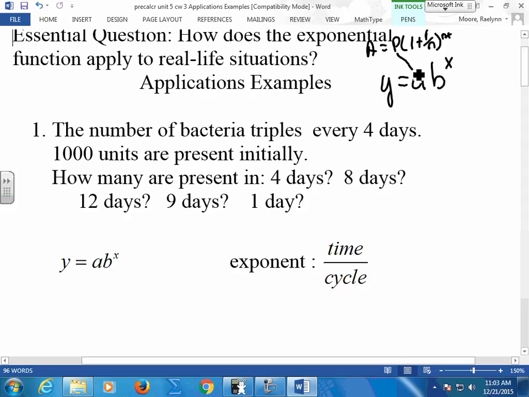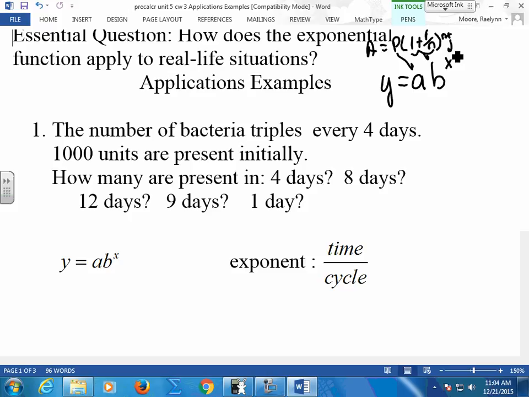Same thing. There's a rate. There's a time. They all work off of this. The one thing it does not do is compound in these. The only time you use the compounding part, the annual, the daily, whatever, is when you calculate money.